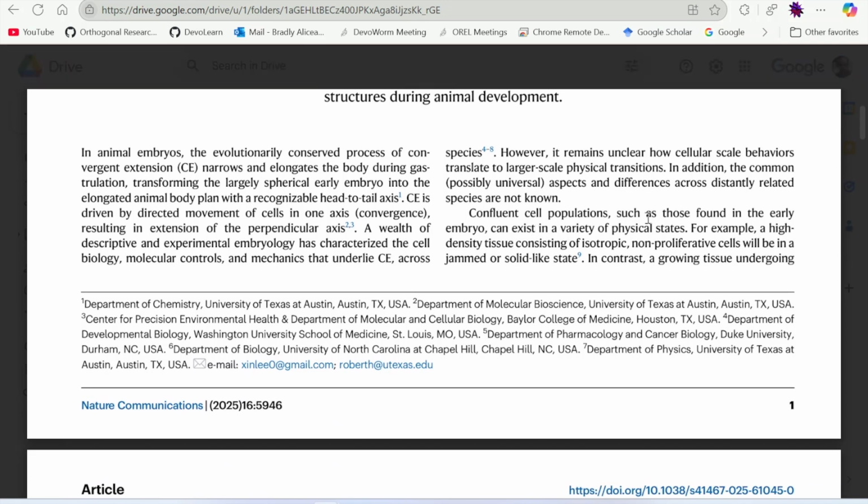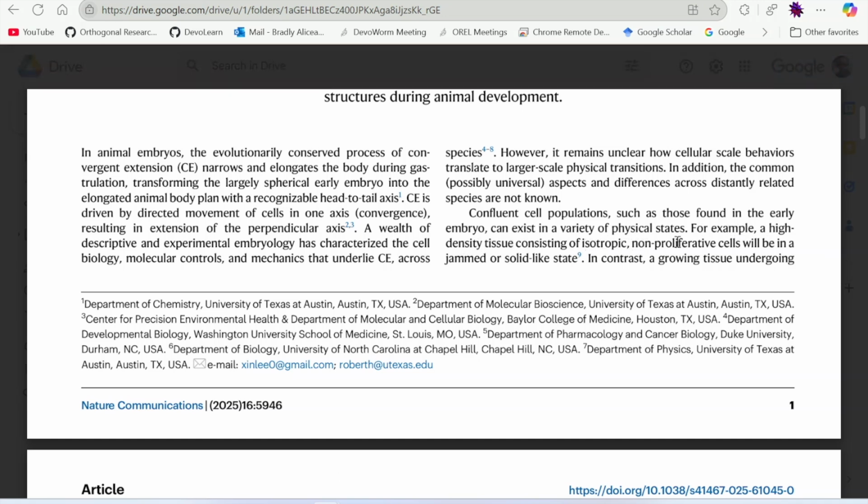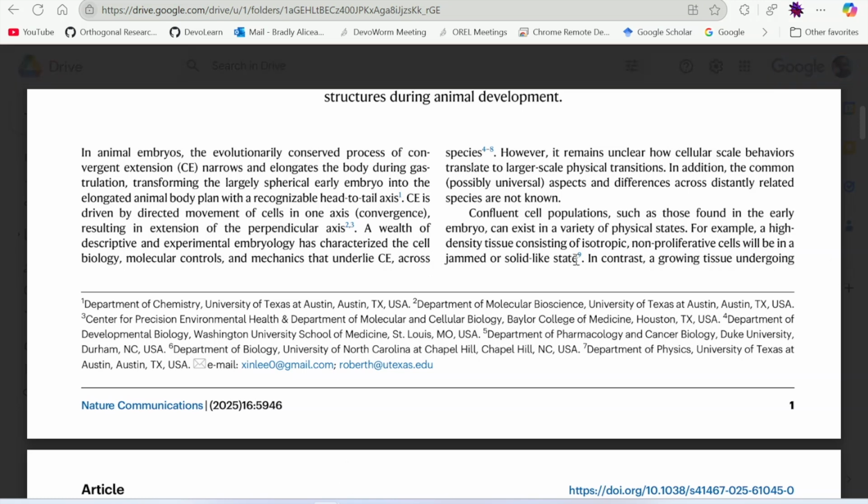So confluent cell populations, such as those found in the early embryo, can exist in a variety of physical states. For example, a high-density tissue consisting of isotropic, non-proliferative cells will be in a jammed or solid-like state. So this is interesting in a lot of the liquid crystal literature, in the soft active materials literature.